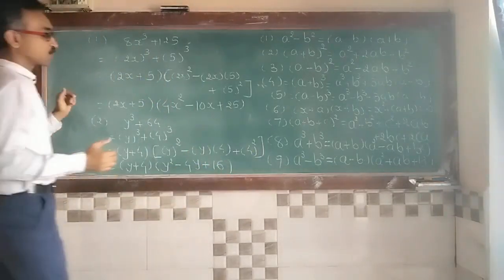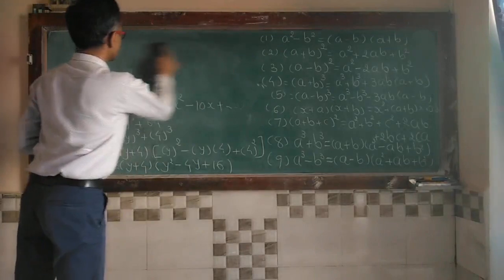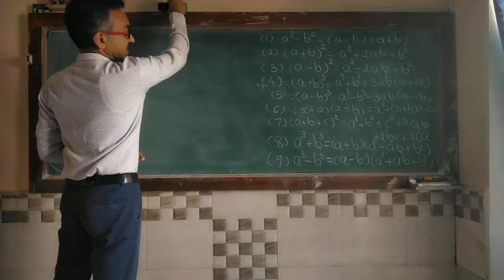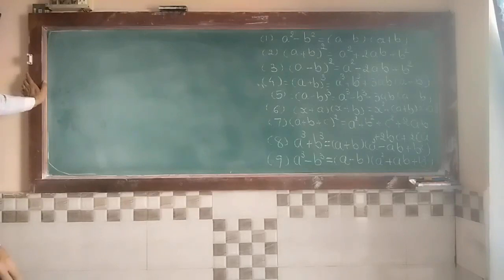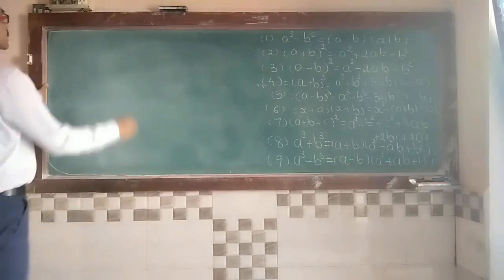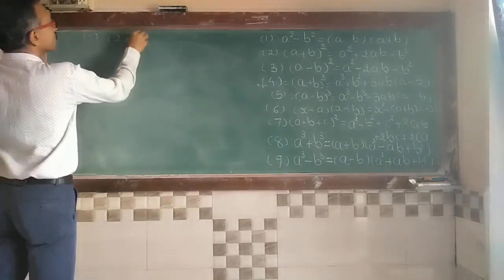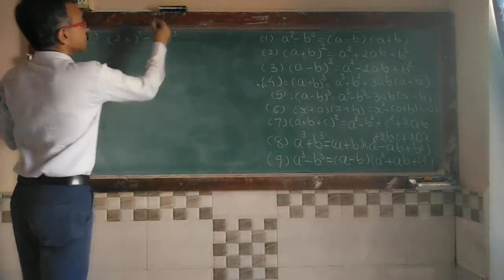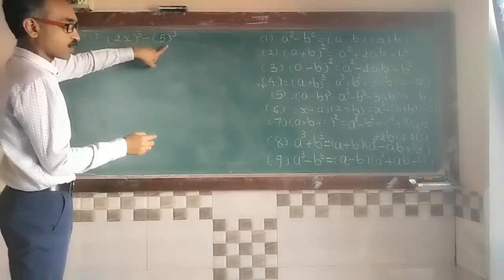Now let's move towards our ninth formula, that is a^3 - b^3. So the answer is the first bracket a minus b into the second bracket a^2 + ab + b^2. Suppose you are given (2x)^3 - 5^3. So here a is equal to 2x, b is equal to 5.